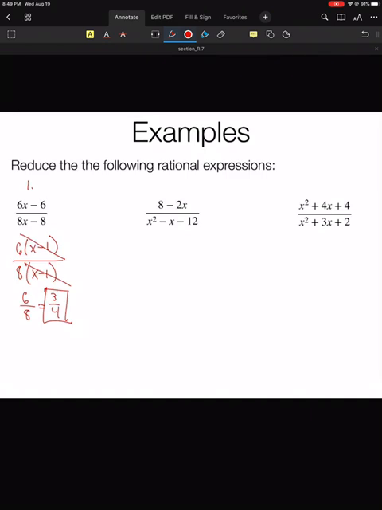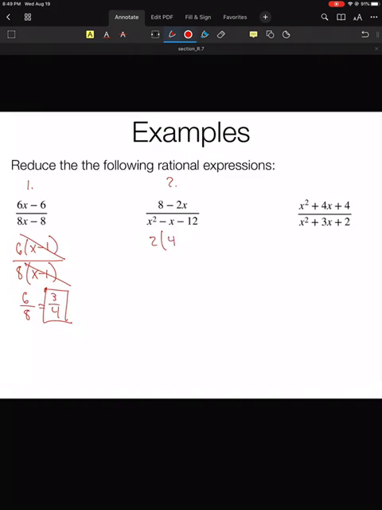Now we get a bit trickier. Now we're going to work on number 2: 8 minus 2x divided by x squared minus x minus 12. So first we look at the top again. Is there anything that we could possibly do here? The answer is yes, we can pull a 2 out. A 2 is common to both. 2, and then what times 2 is equal to 8?